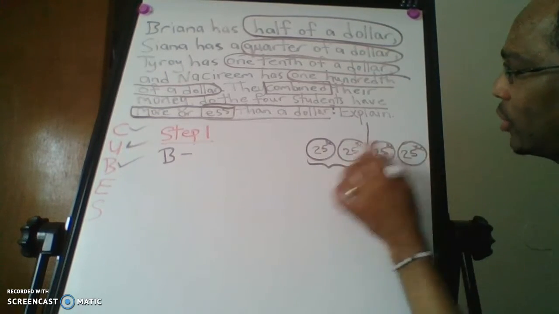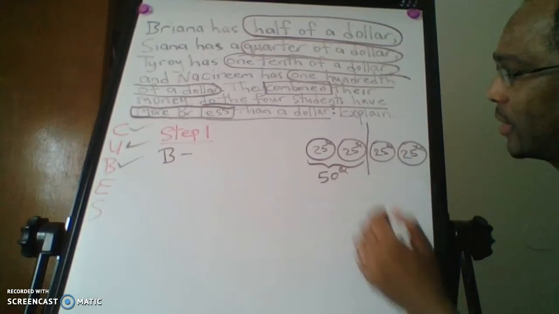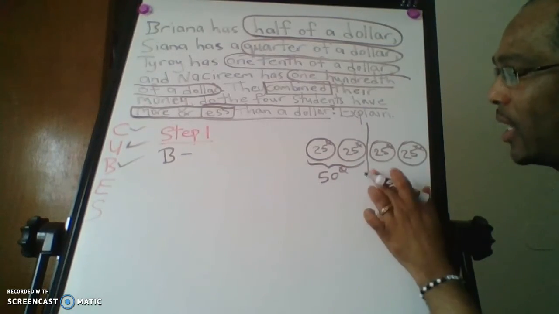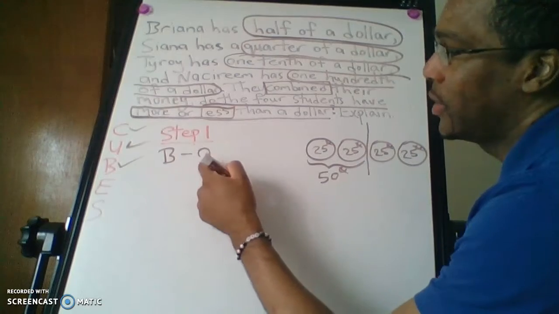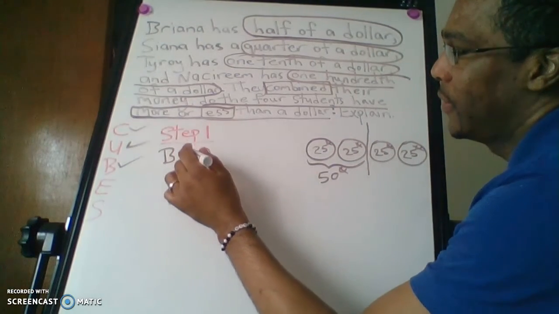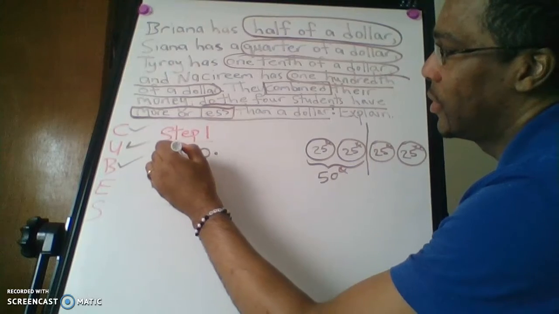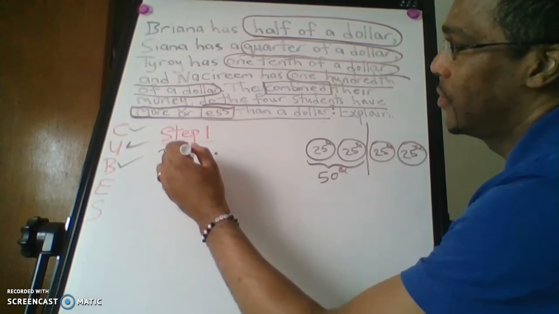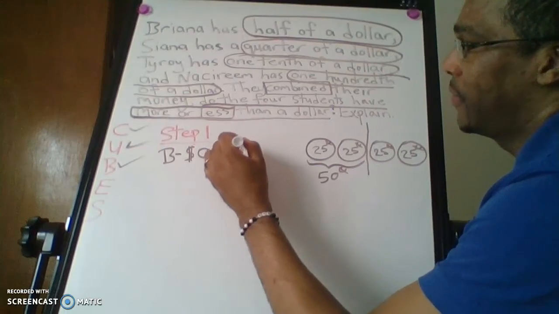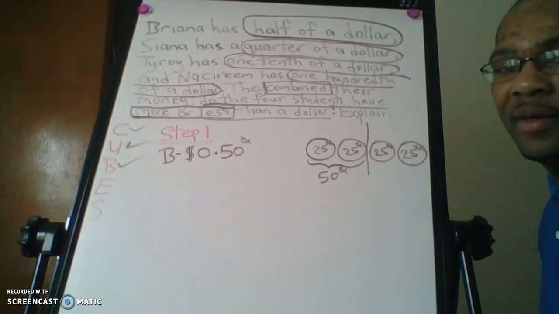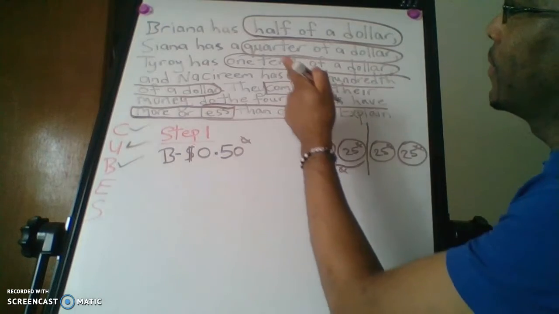So half of $1 is 50 cents. I hope you guys can see this. Half of a dollar is 50 cents. So Brianna actually has 50 cents, which is $0.50. You can actually put the dollar sign if you wanted to. Good.